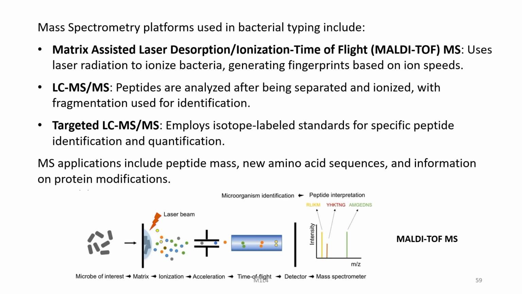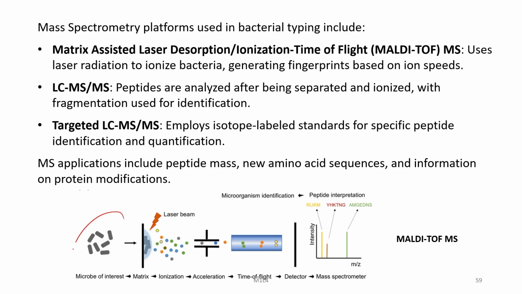Here peptides are analyzed after being separated and ionized with fragmentation used for identification. Then we have targeted LC-MS-MS, which employs isotope labeled standards for specific peptide identification and quantification. MS applications include peptide mass, new amino acid sequences and information on protein modifications.